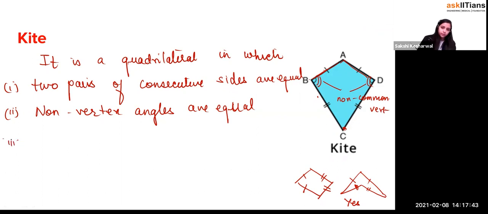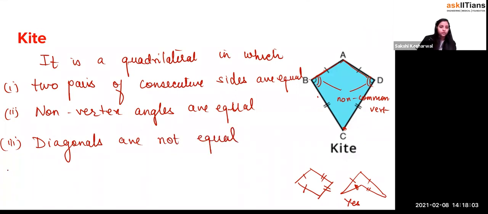And third is what? The diagonals are not equal. We say the diagonals are not equal. And fourth is diagonals are perpendicular.